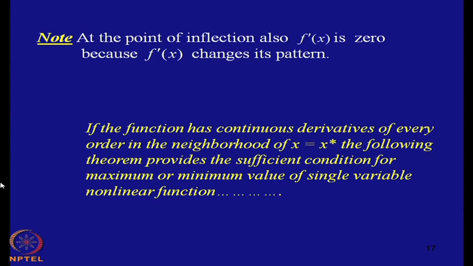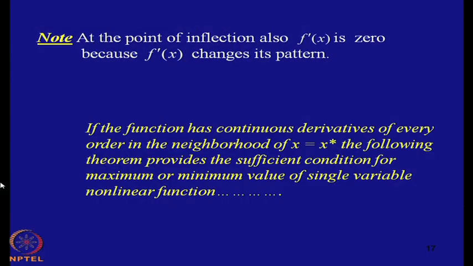Nothing has been said in this case. That is why we are going for the next level condition, through which we are trying to ensure that whatever stationary points we have achieved from the necessary condition are also proved, by the sufficient conditions, to be the relative maxima or the minima.